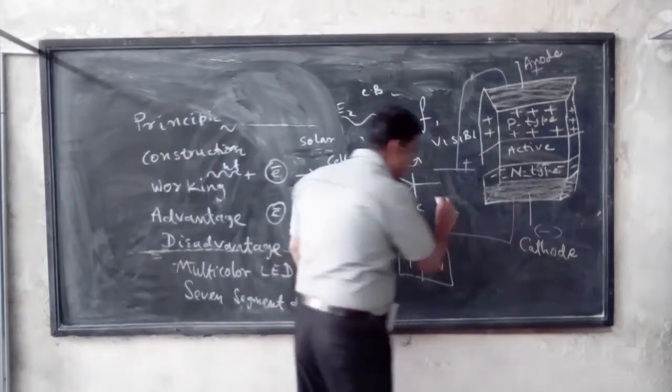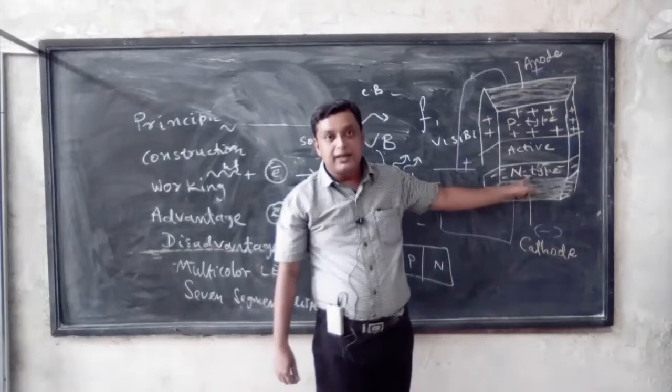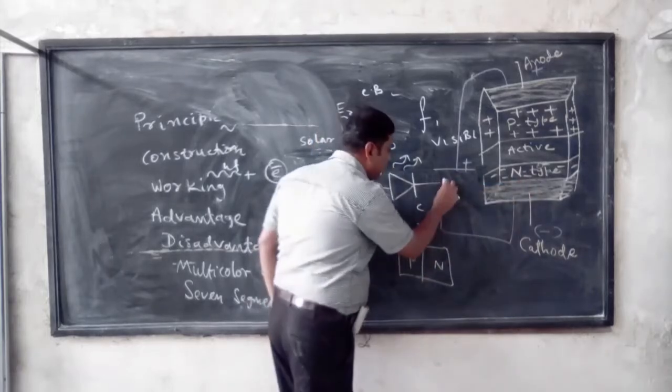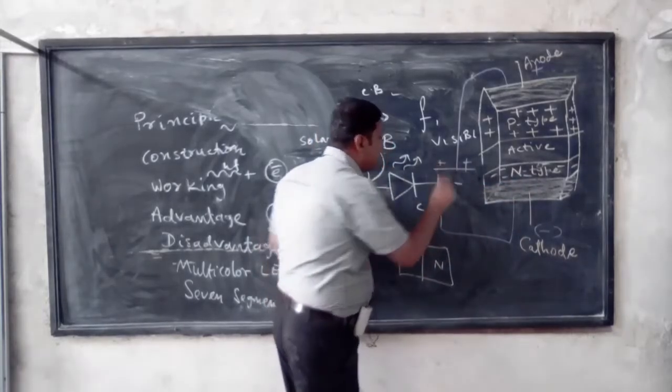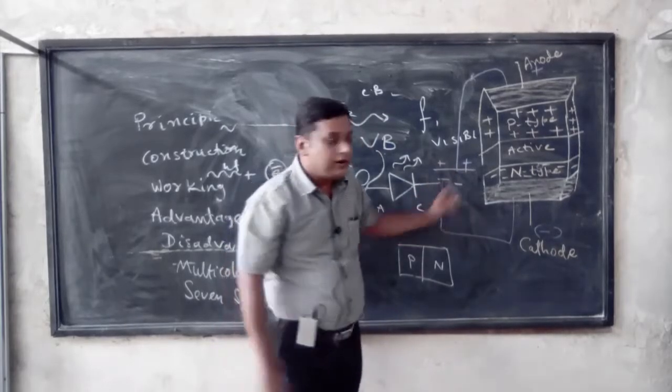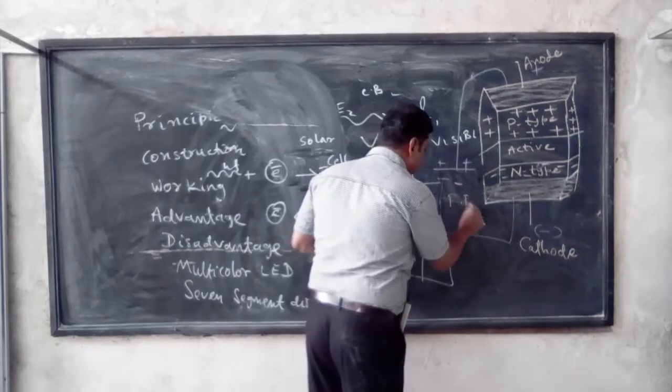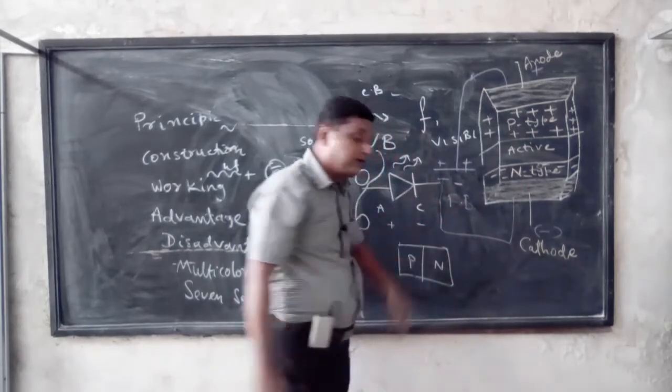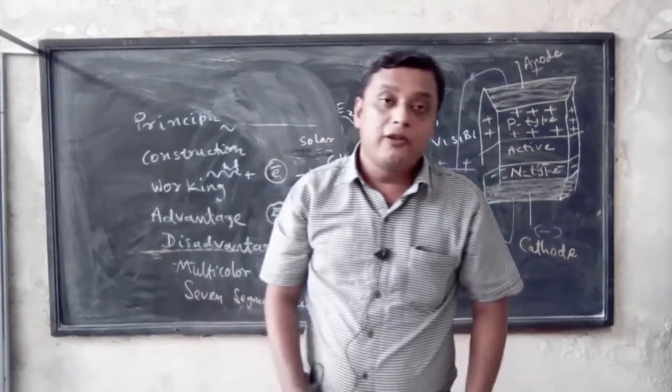Therefore, the N-type semiconducting material is connected to the negative terminal of the battery. This connection is called forward bias.